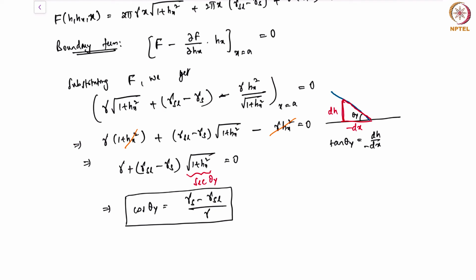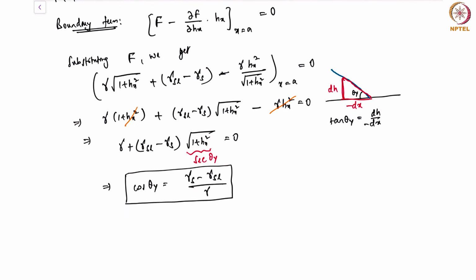Now that we've done this analysis, there's also one more thing that we see, and I should emphasize this. This is an analysis that we've done for an axis-symmetric geometry. The previous analysis was done for a 2D geometry, and yet the Young's angle emerges even for an axis-symmetric geometry.